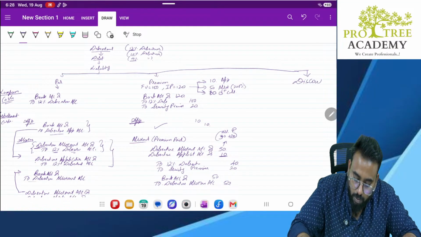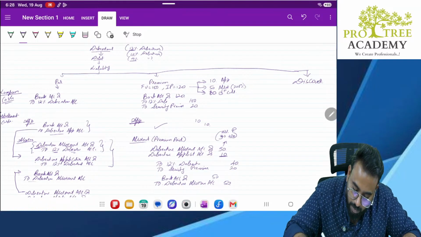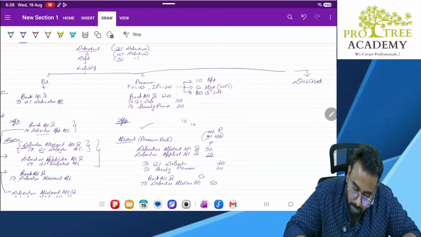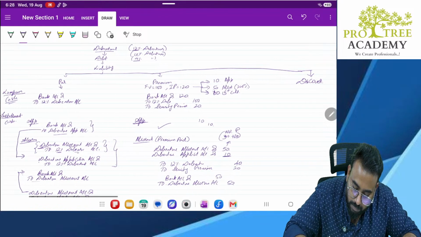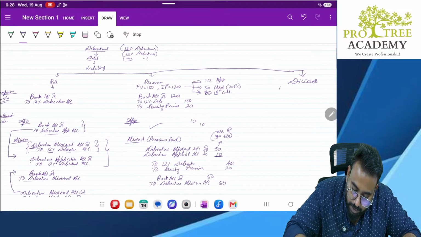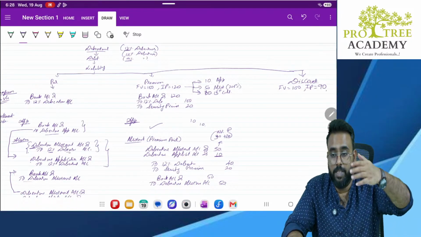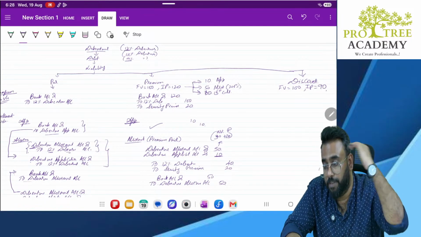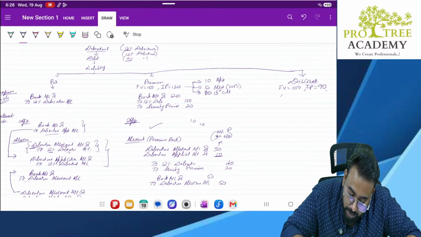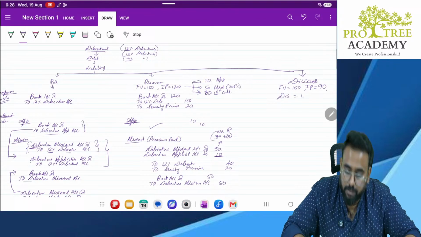Next, discount. What will happen under discount, sir? Face value 100, issue price 90. Okay, that means we are issuing at less than the face value. So discount is 10.